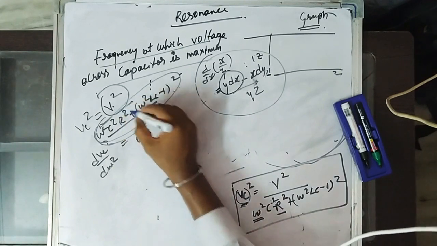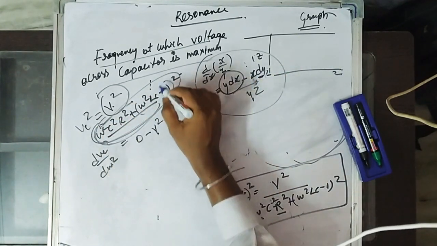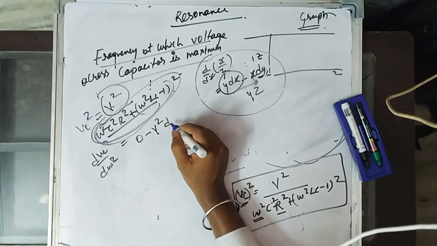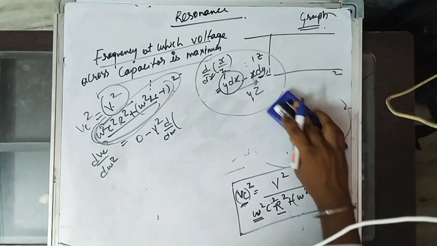Minus of x is what? V square, d by dy of y. So the differentiation of this denominator with respect to d omega equals what will come?